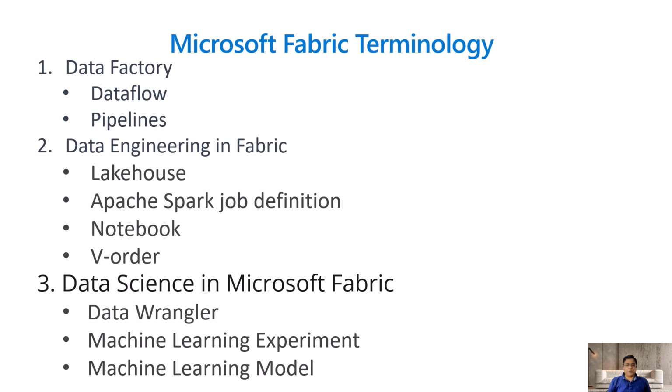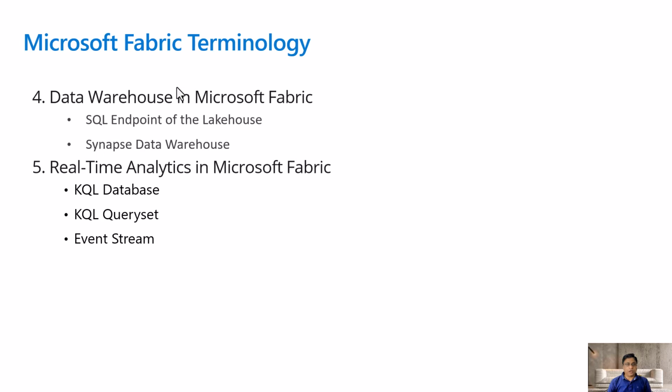It provides you a wonderful grid-like interface to visualize your data and then generate the statistics, right? Then it also provides the machine learning models. You can deploy your machine learning models and then serve these models and then generate the insight out of it. So these are the various components in the data science workspace.